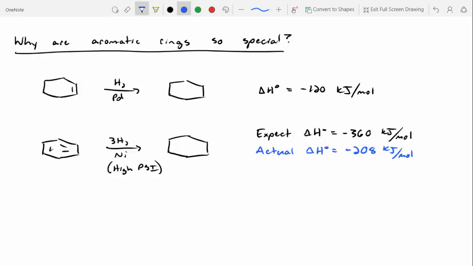So it actually doesn't release as much energy as you would expect when you're reducing every single double bond in a benzene. In fact, if you do the math, you could say that there is 152 kilojoules per mole of aromatic stabilization.